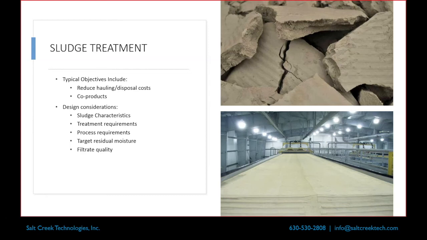When you're thinking about what you're actually looking to consider for selecting your sludge treatment systems, it's sludge characteristics that will drive almost entirely the selection of the actual treatment process. So whether you're going to use a screw press, a belt press, centrifuge, whatever, a filter press.